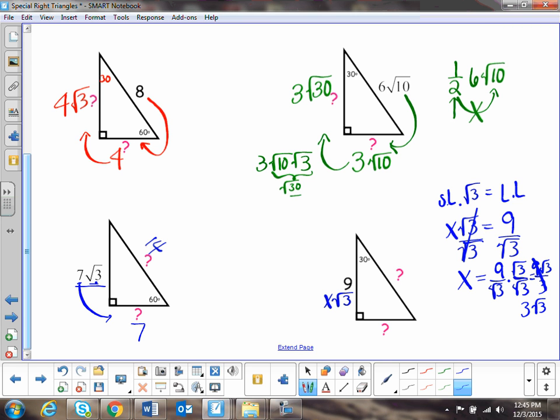So the short leg is 3 radical 3. What do you do to the short leg to get the hypotenuse? You just double it, times it by 2. And so 2 times 3 radical 3 is 6 radical 3. Okay, so hopefully those examples will help you on the assignment tomorrow.